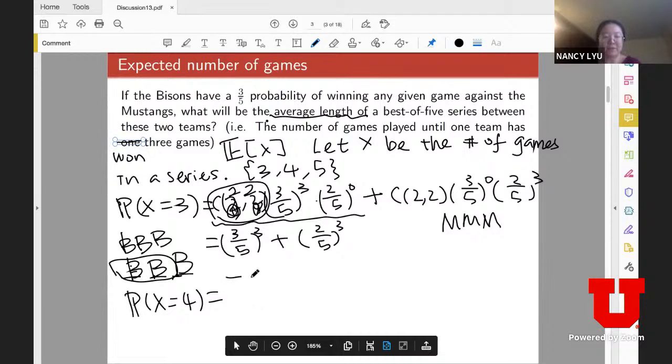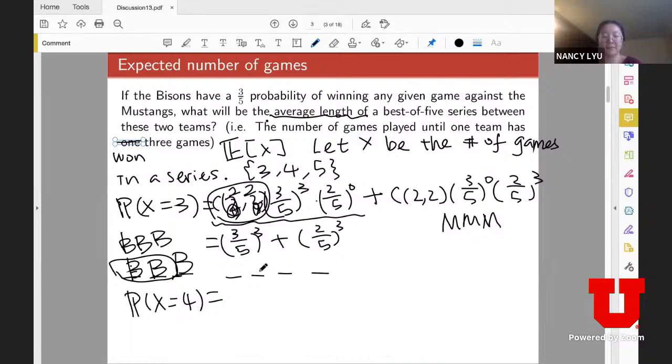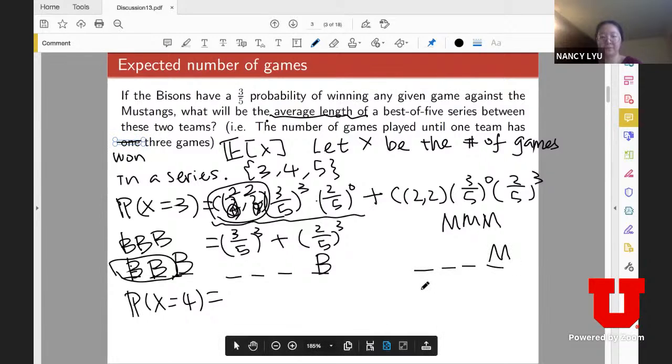You should have 4 spots here this time, and then we want to make sure the last spot is occupied, to make sure either the Bisons win or the Mustangs win. So in this case, what's going to be the combination here?